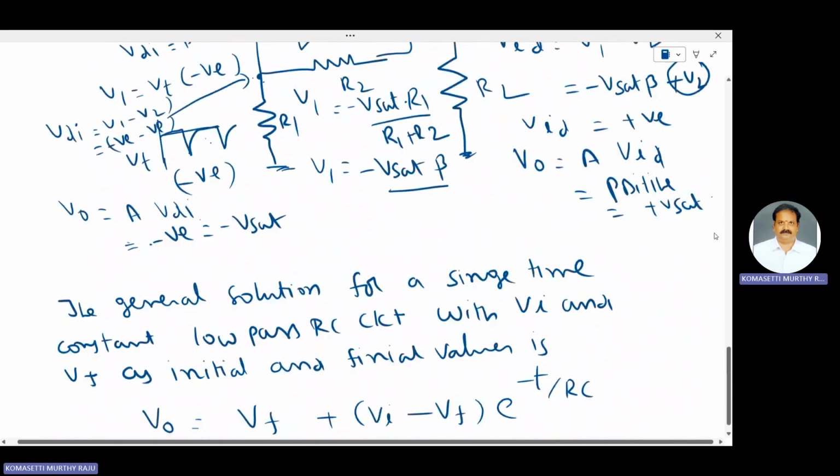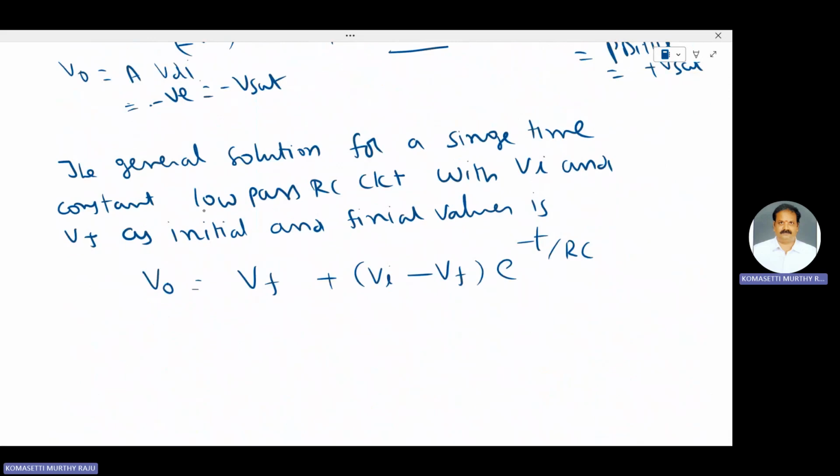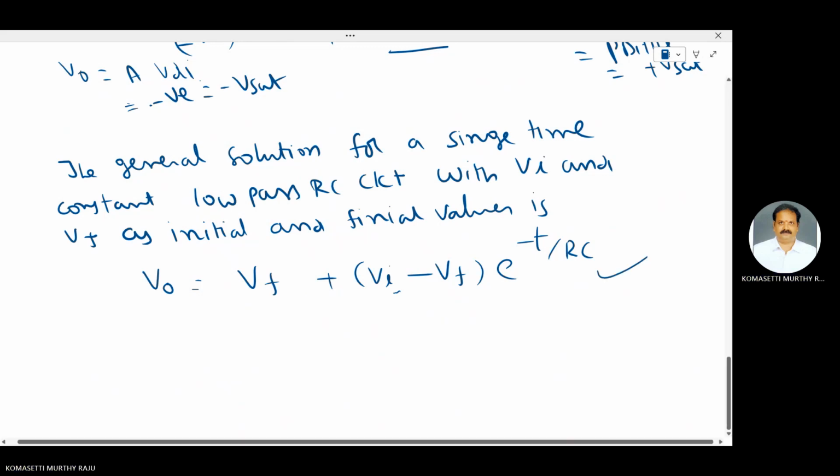An important point here is the general solution for a single time constant low pass RC circuit with Vi and Vf as initial and final values: V0 is equal to Vf plus (Vi minus Vf) e power minus t by RC, where Vf is the final value and Vi is the initial value.